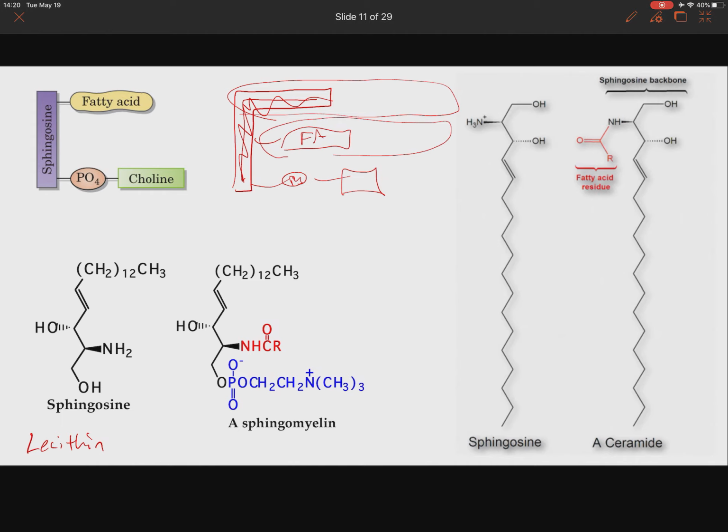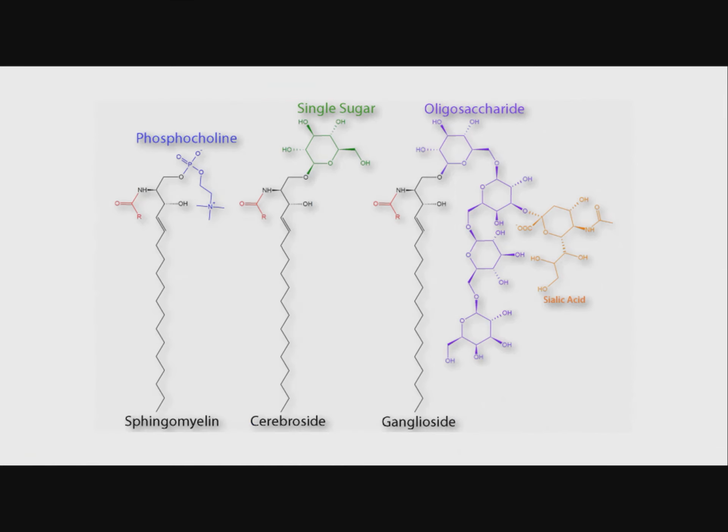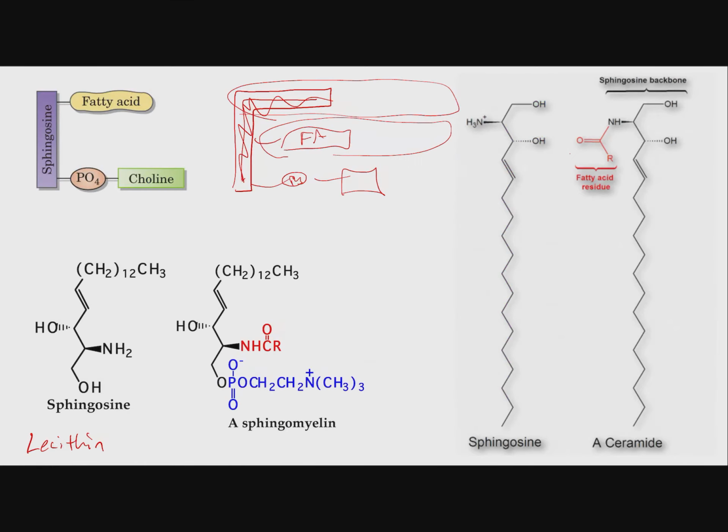Now, the R group that we're going to talk about, let's see, do I have a picture of that? Okay, so let me show you what R group we're talking about. In sphingosine, the sphingosine backbone is going to have a fatty acid attached through an amide bond. Actually, that's not an amide bond, that's an amine bond. And then we're going to have these 2 hydroxyl groups.